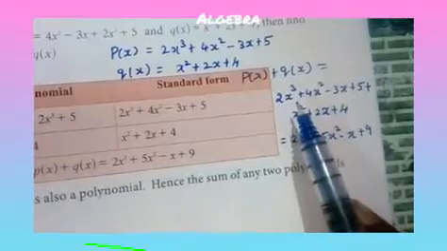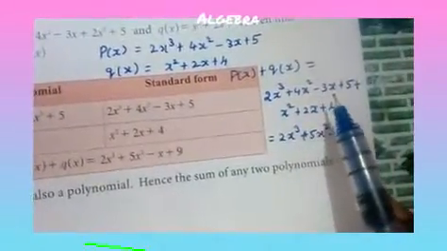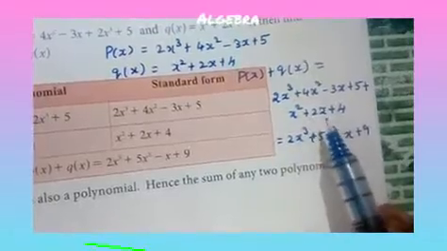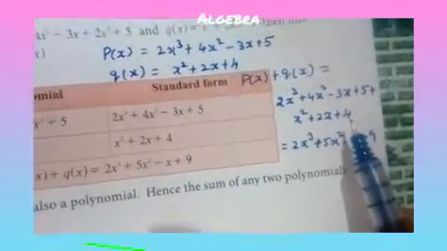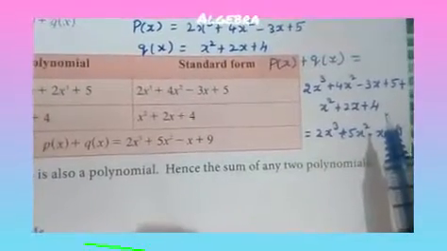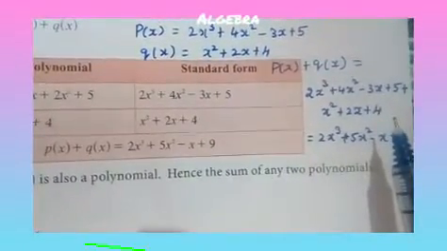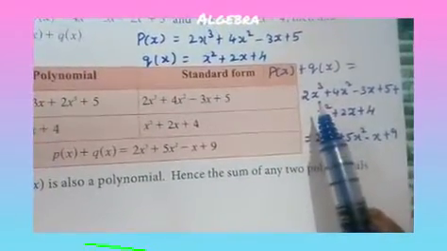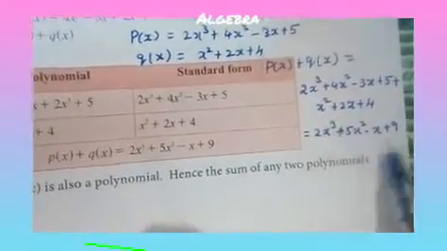p(x) is 2x^3 + 4x^2 − 3x + 5, plus q(x) is x^2 + 2x + 4. Last year I taught you to make a group, then add. Now you are in 9th standard, so use a simple method. No need to make a group. For 2x^3, are there any other x^3 terms?